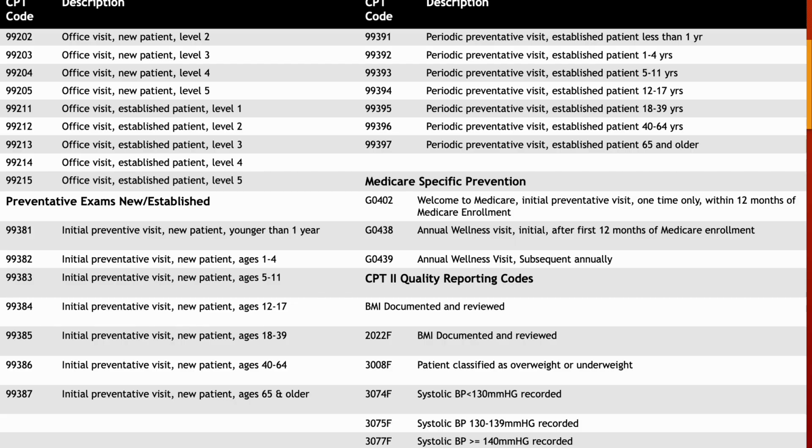Here's another chart I wanted to show you, with those same codings. One other thing about this chart is that it's organized according to new patient preventative, established patient preventative, some of the Medicare-specific prevention codes, and some of the CPT codes.